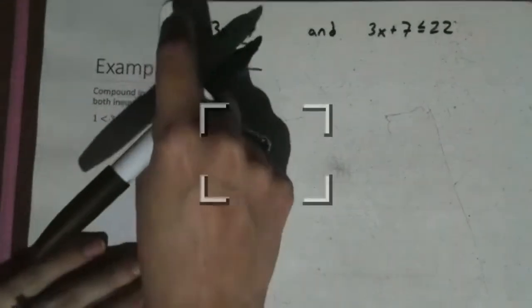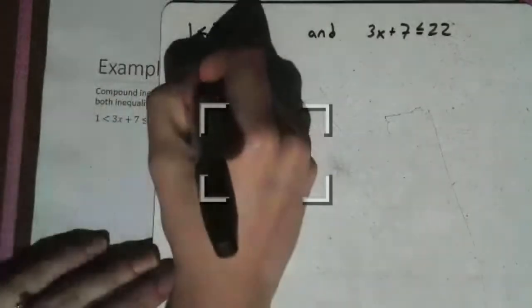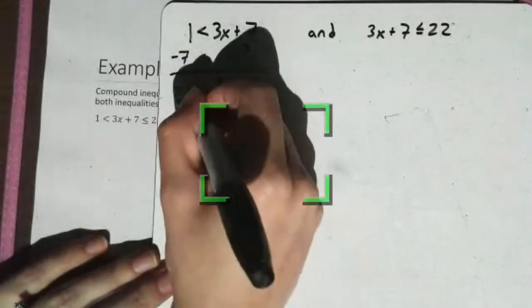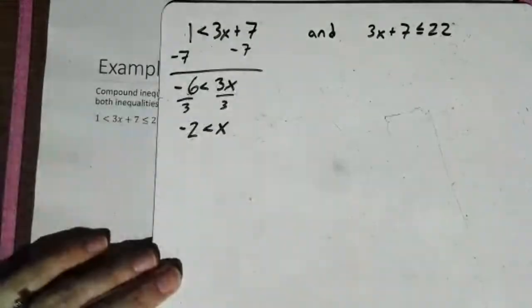This is a positive one. I knew something looked wrong. Sorry, that's a positive one. 1 minus 7 is a -6. That makes a lot more sense. -6 is less than 3x. And dividing by 3 on both sides, we get -2 is less than x.